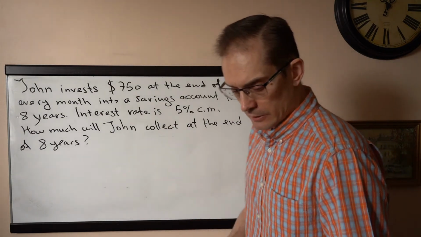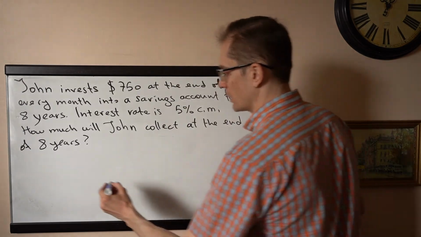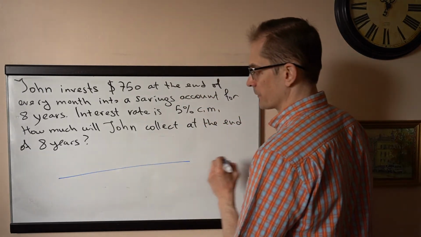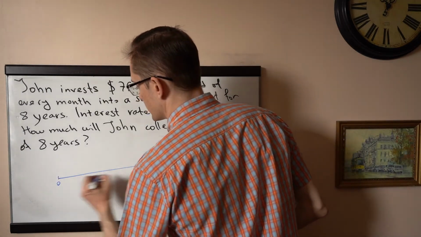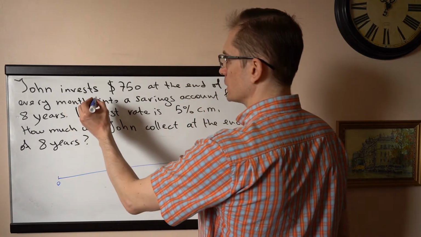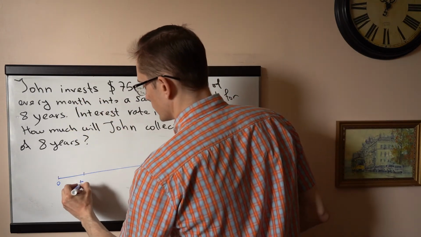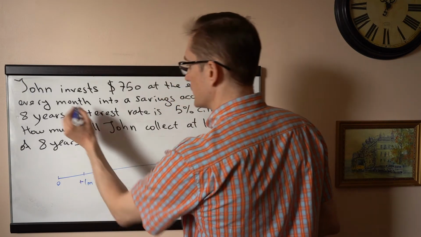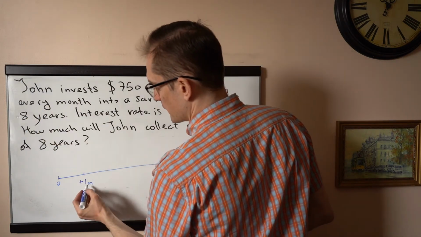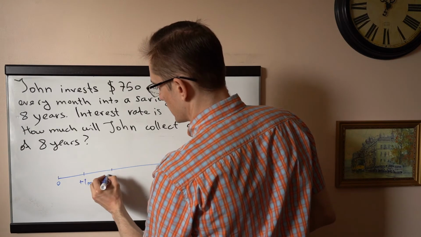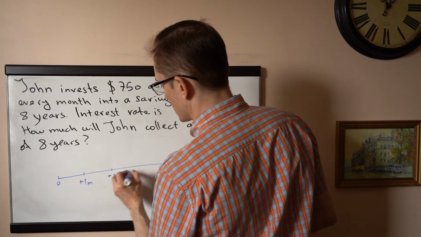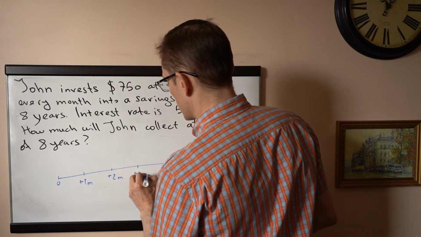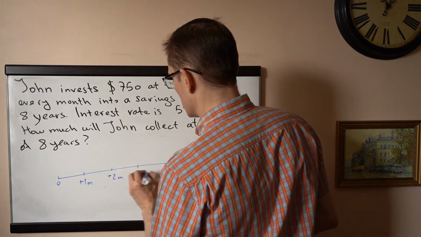We have now a timeline here. So for our first example it will be detailed. We have time 0, right? Then John invests $750 at plus 1 month, at the end of every month. So plus 1 month, plus 2 months, plus 3 months, and so on.